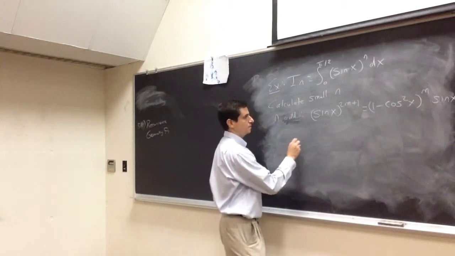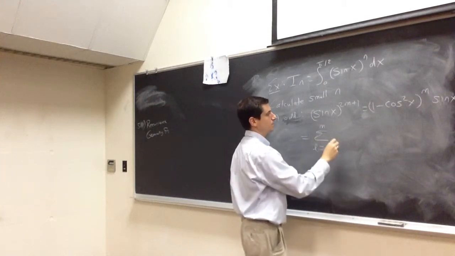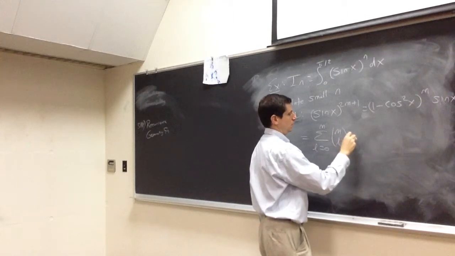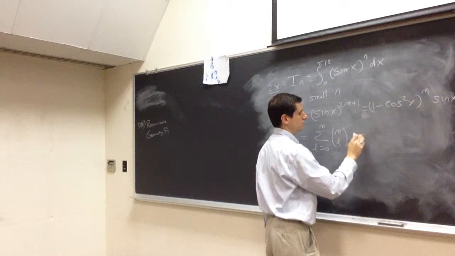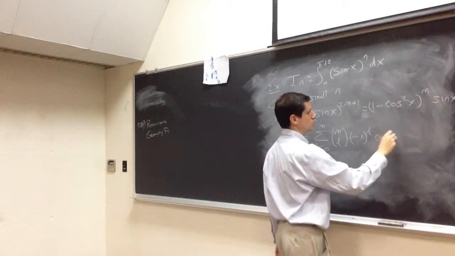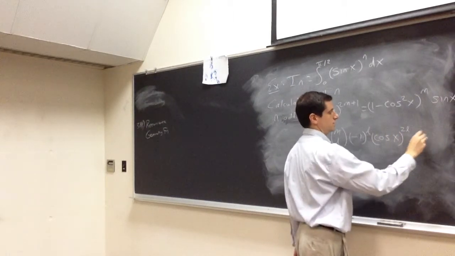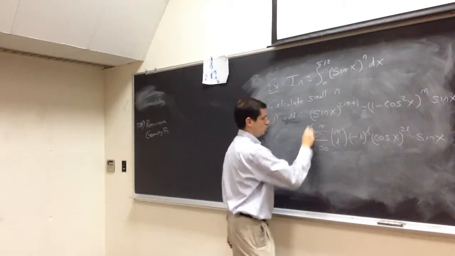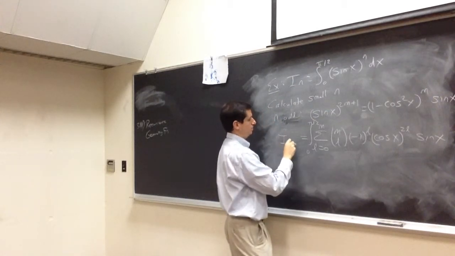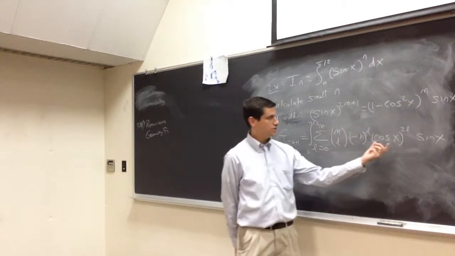And so this would equal the sum, l goes from 0 to m, of m choose l, times negative 1 to the l, cosine x to the 2l, times the sine of x. We integrate this from 0 to pi halves, and this would be I of 2m plus 1. Can I do the cosine integral?